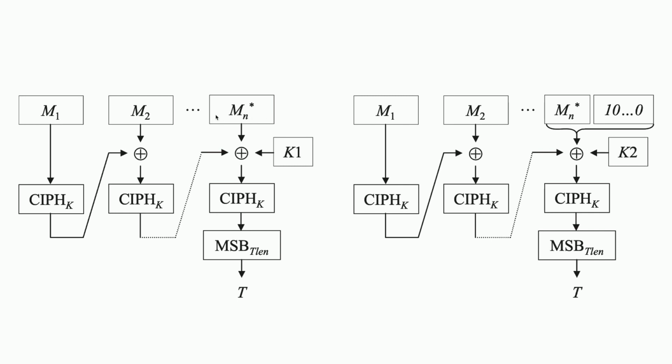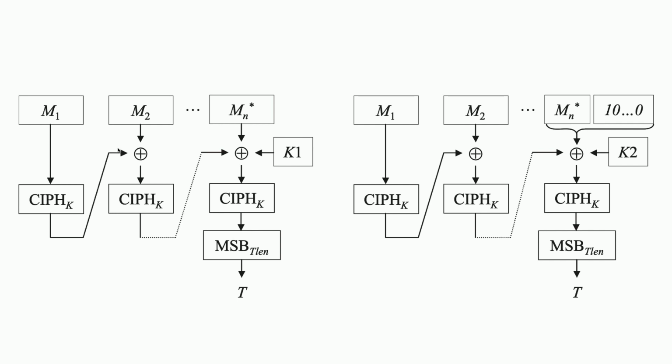So all the data is filling these blocks. If you don't have that, this last block, which will be incomplete, you pad it like this and you use this K2, a different key. Of course we don't have to do this because we can choose to take in as much data so that it's an integral number of blocks.